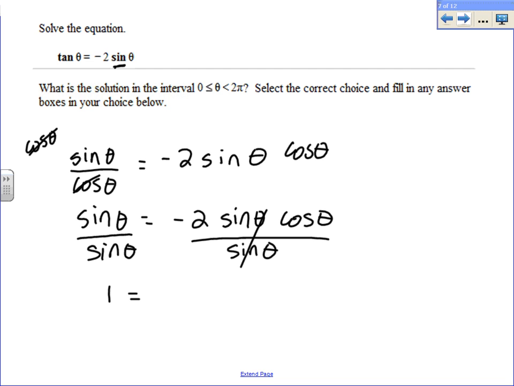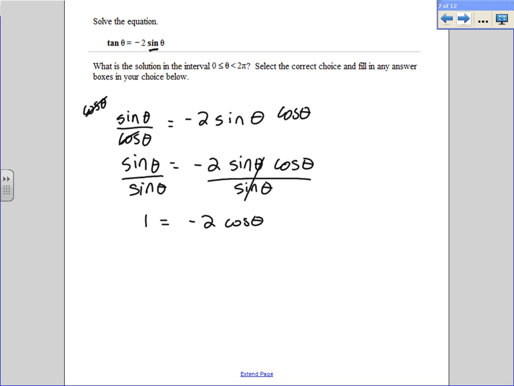And there again, I can do that because that was all multiplication over there. And so you got negative 2 cosine theta left over here. So now I took one that had tangent and sine, and now it only has cosine. So that idea, this strategy here, I probably should have added it on the front side here, is that if you have tangent of theta, one strategy is to write it as sine theta over cosine theta.